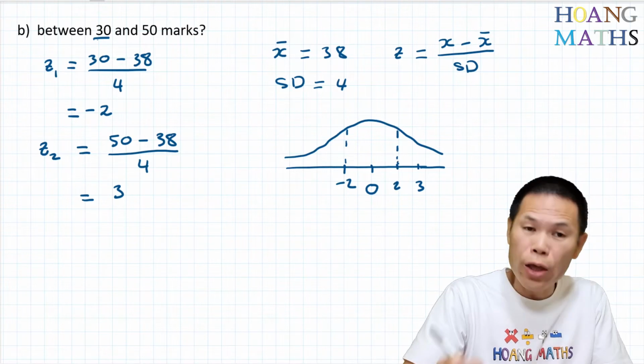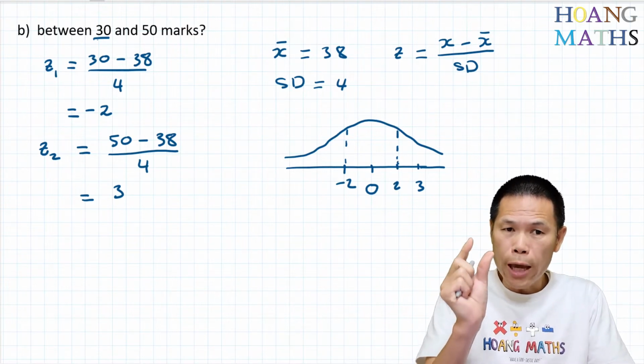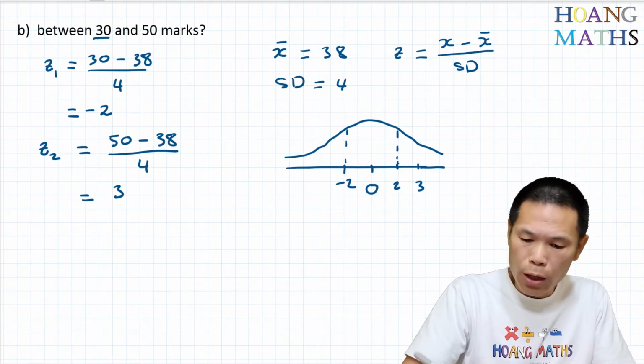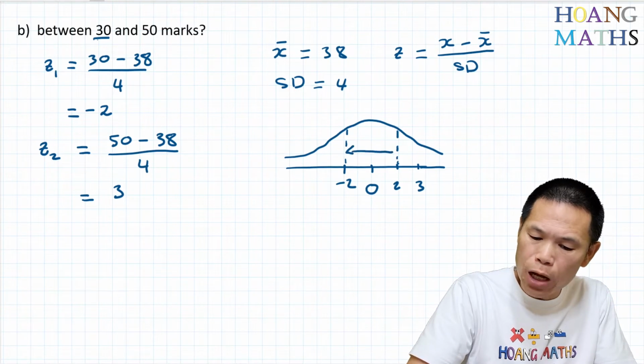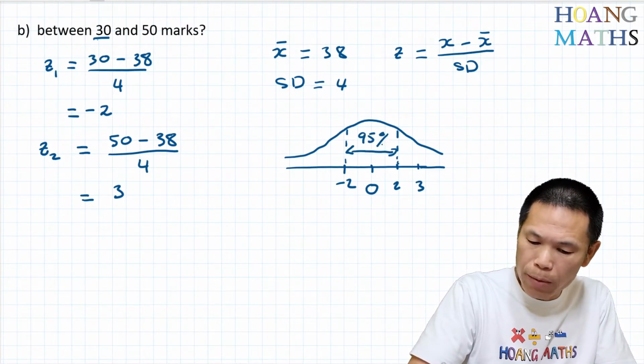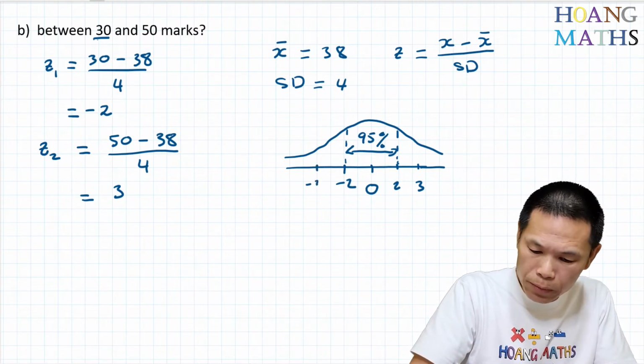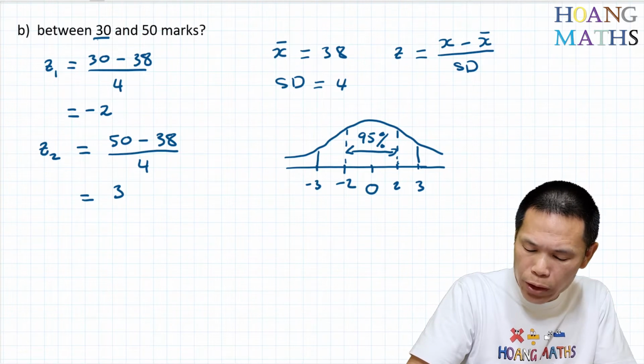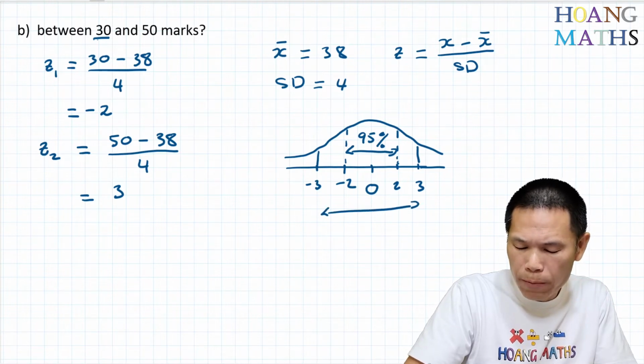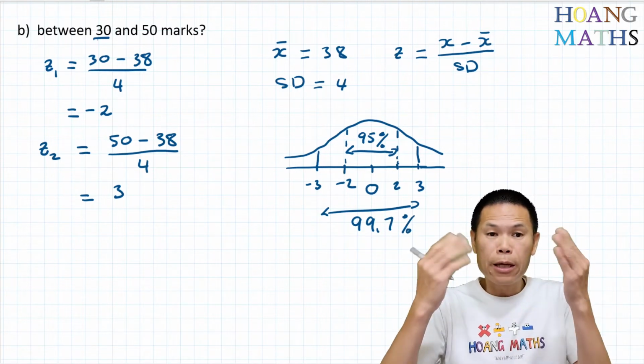So that we know that between -2 and 2 for the z-score, so that will be 95% of the students, okay? Score within that range, so 95%. And then between 3 and -3, from -3 to 3, so that would be 99.7%. So please keep that in mind.